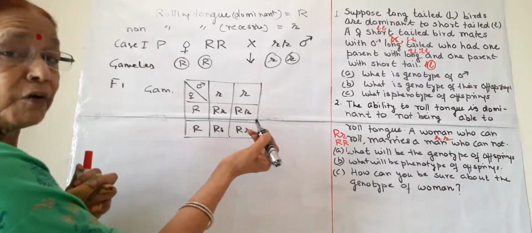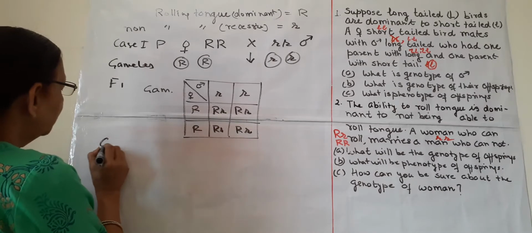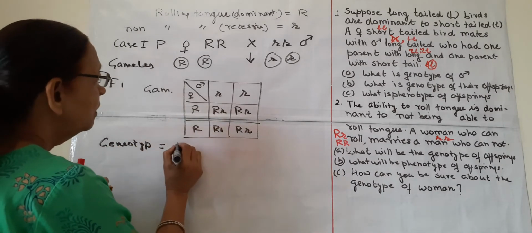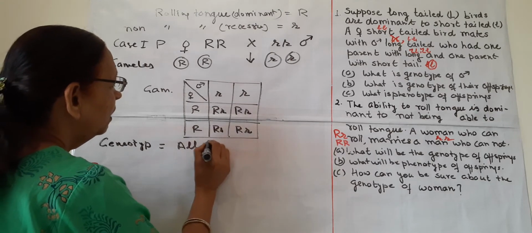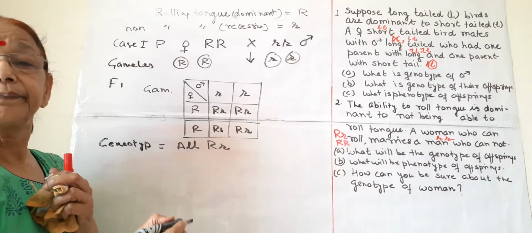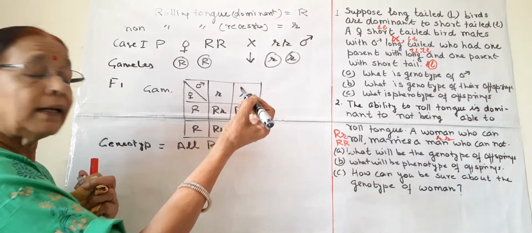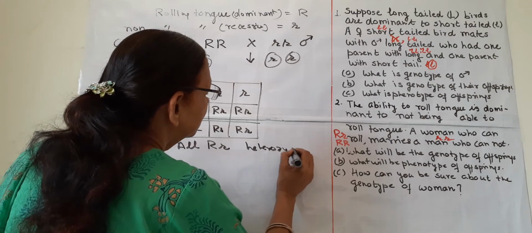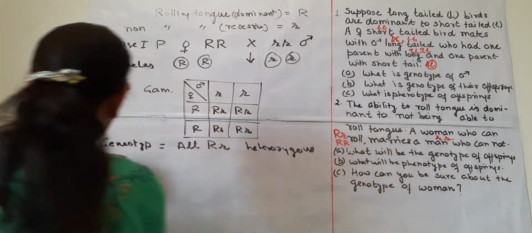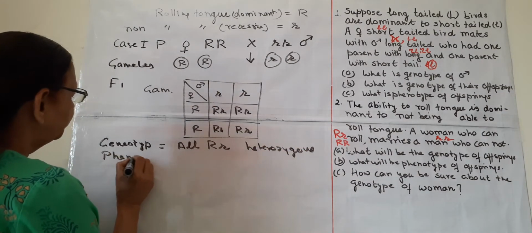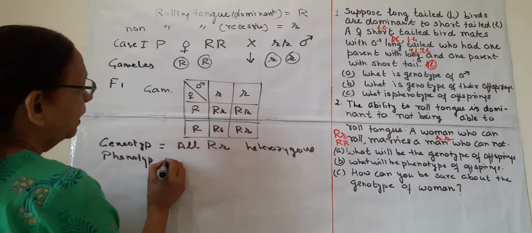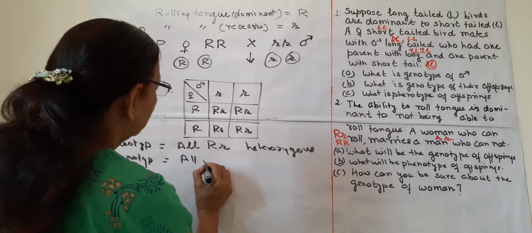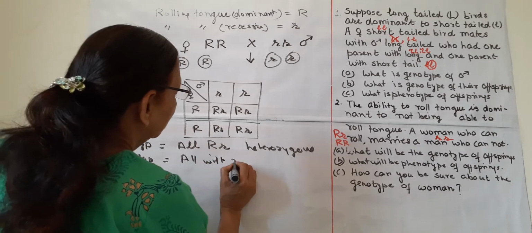So this is F1 offspring. And what is the genotype of F1 offspring? All Rr. All the four are Rr, that is all are heterozygous. And what is the phenotype? Phenotype is all with rolling tongue.